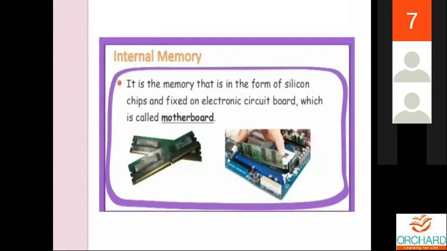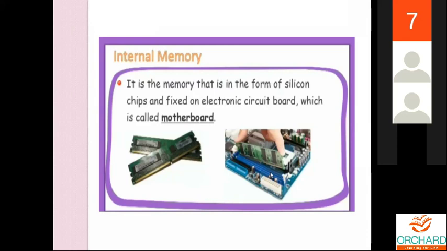Every computer comes with a certain amount of internal memory that is used to store data and to start up and to run different types of programs. It is also known as primary memory or main memory. You can see a motherboard here.